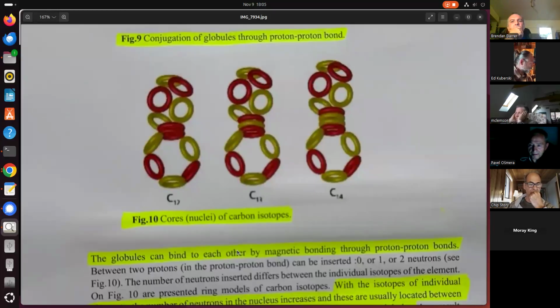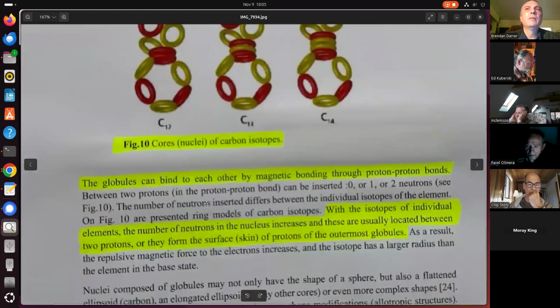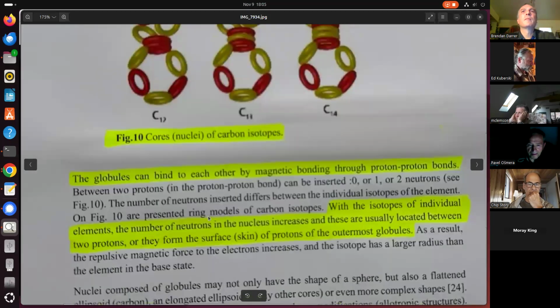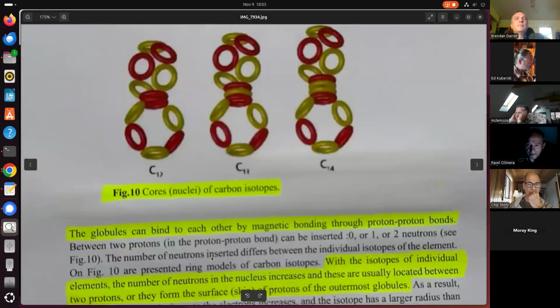Between two protons in the proton-to-proton bond can be inserted 0, 1, or 2 neutrons. See figure 10. And that's how the isotopes change, basically. The number of neutrons inserted differs between the individual isotopes of the elements.